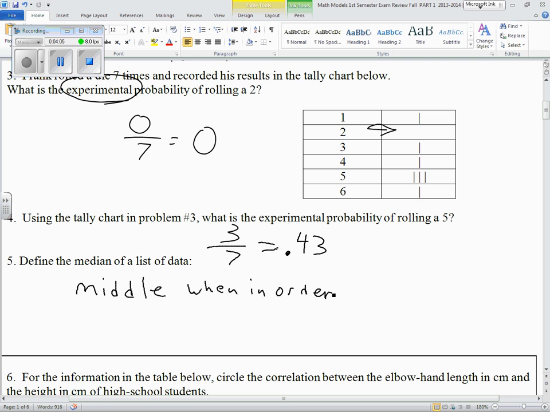Now there is a middle when there's an odd number. When there's an odd number of items, the middle is easy to find. When there's an even number of items, you have 2 that are in the middle. So when you have an even number of items, you take the average of the 2 middle items.